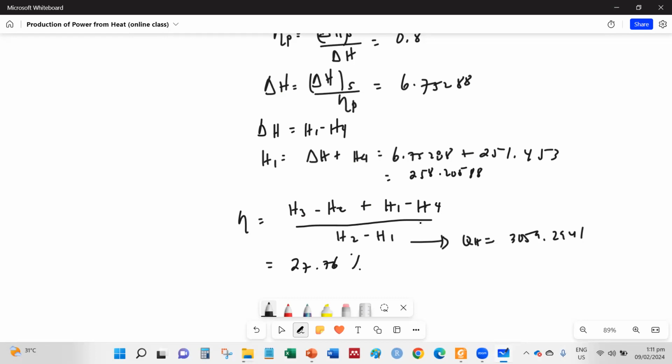There is work generated by the turbine, but we have to subtract the work required by the pump. So this is the net work, and that value is 849.30312.